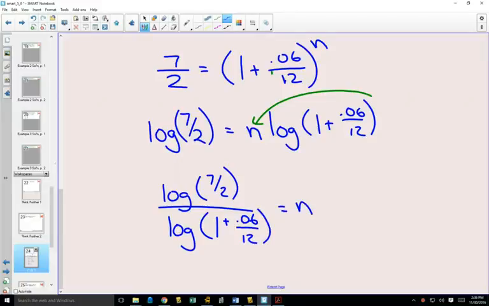Now we can divide both sides by that other log, and we get it all by itself.